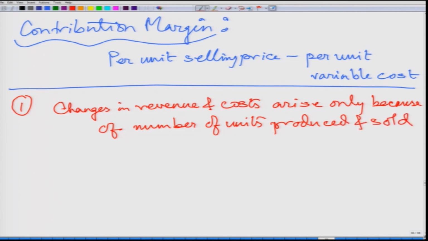So that means my revenue and cost will only depend upon Q, that is the total amount of production I am manufacturing or I am selling.